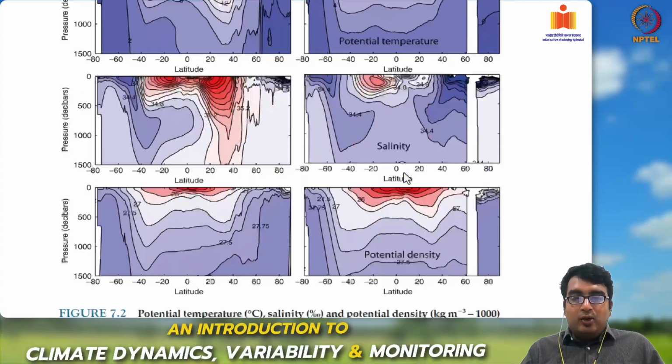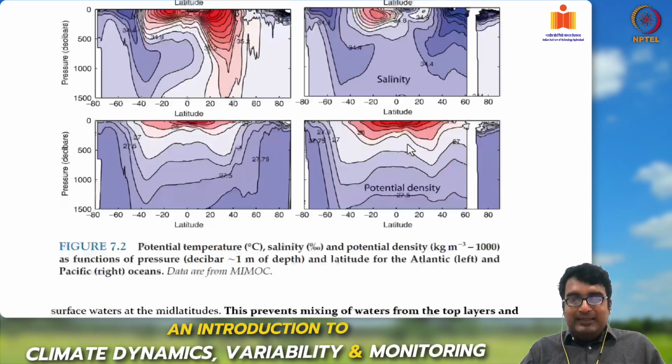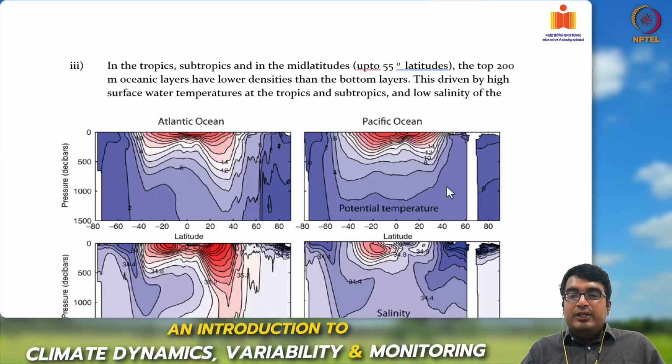So, let us look at the contours first and then we will discuss the basic features one by one. First, we are looking at the potential temperature contours in the Atlantic Ocean and in the Pacific Ocean, and these are the mean contours, which is mean over the entire year. Here are the latitude values in the x-axis.